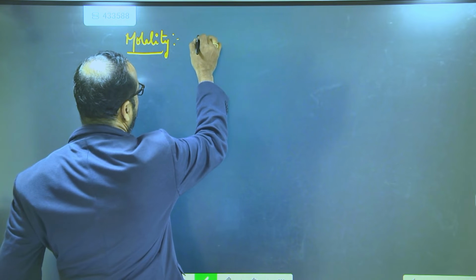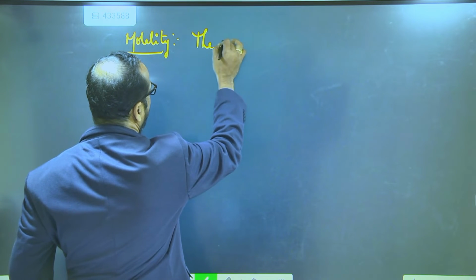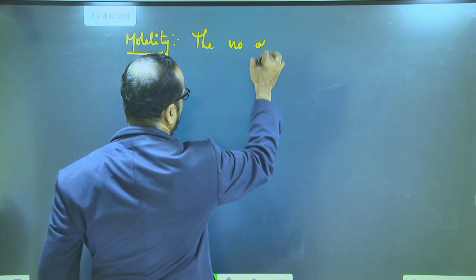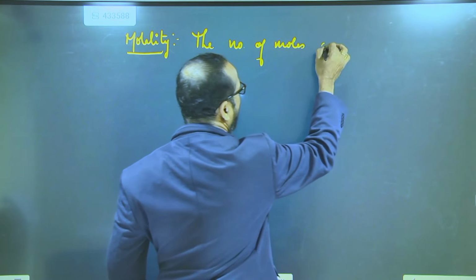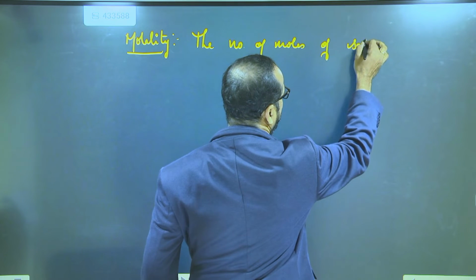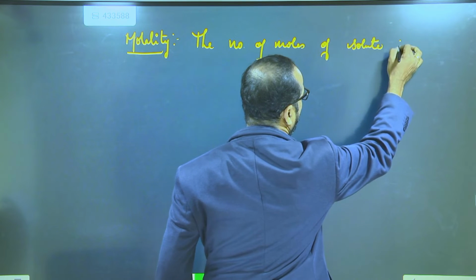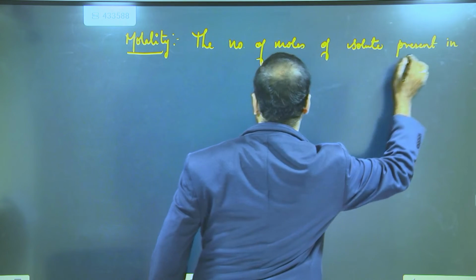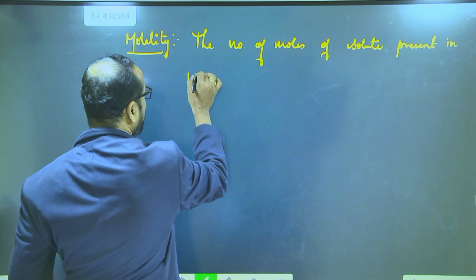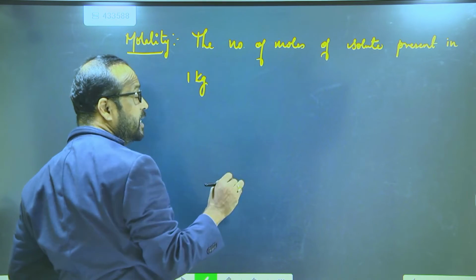That is, the number of moles of solute present in 1 kg, whereas there we wrote 1 liter.